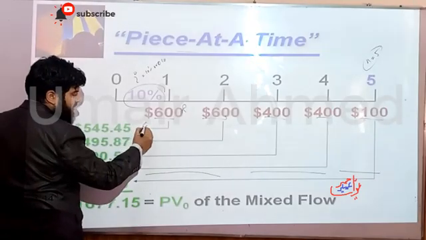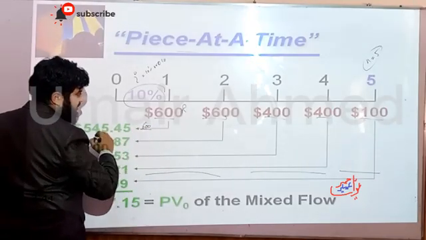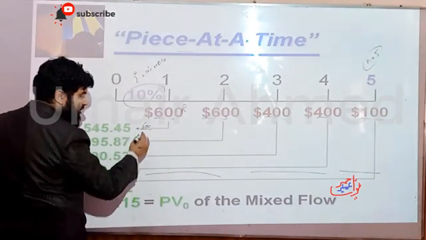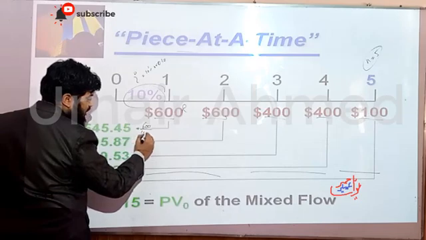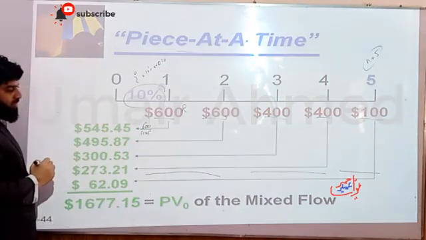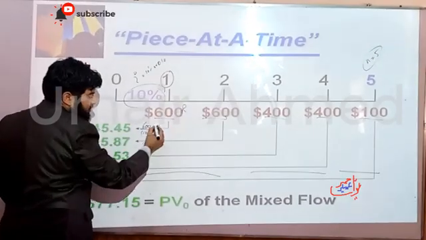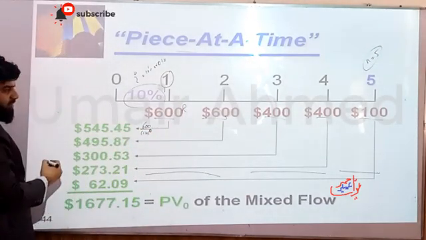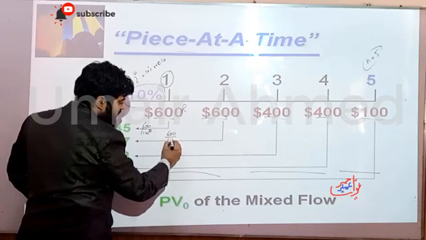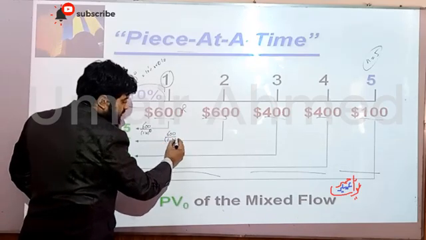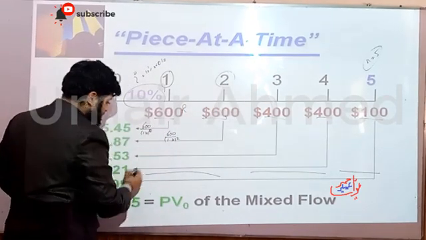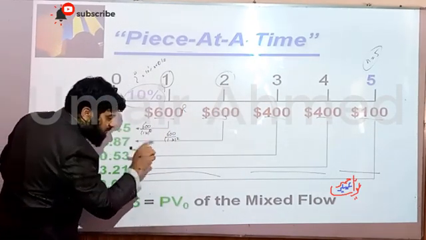It's very simple. 600 divided by, now remember the present value formula, 1.10 to the power 1. For the first cash flow, you have to write 1. Now, how to calculate the second one? 600 divided by 1.10, and the power will be 2.